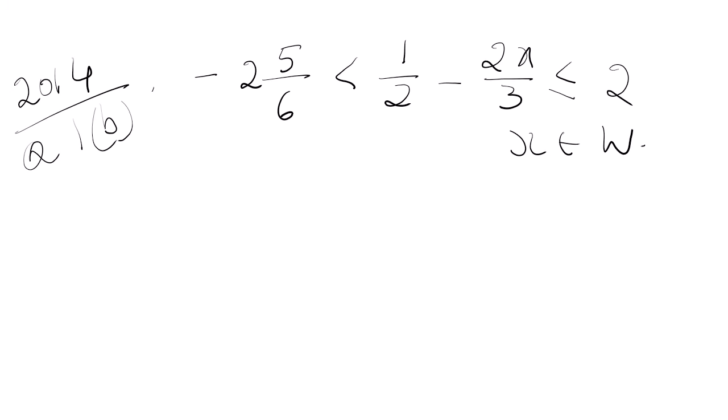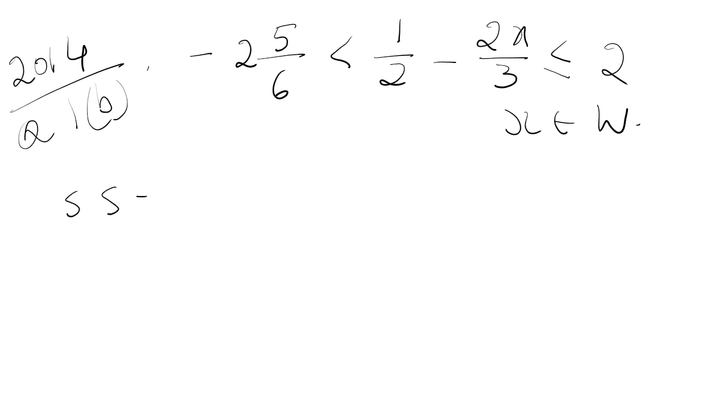X belongs to W. W means whole numbers. Whenever it is W or natural numbers, you have to list the numbers, I mean elements.